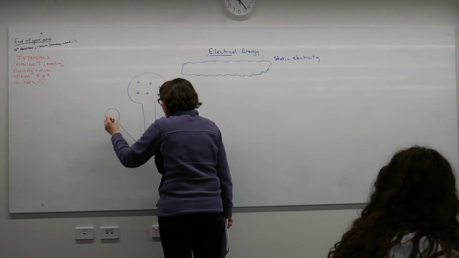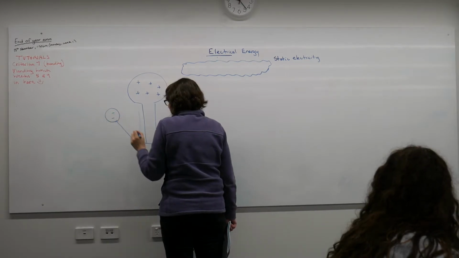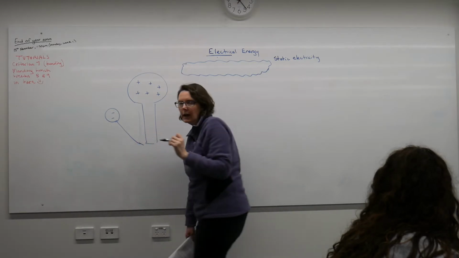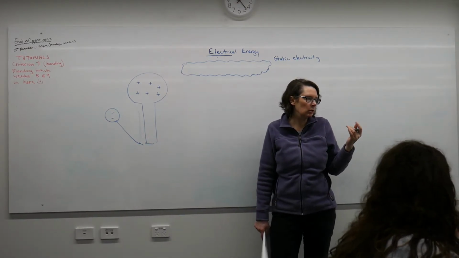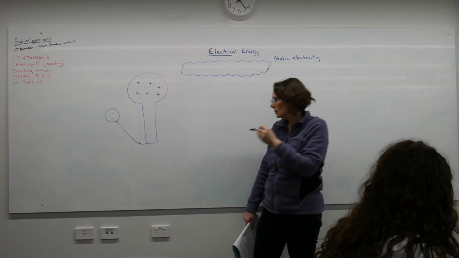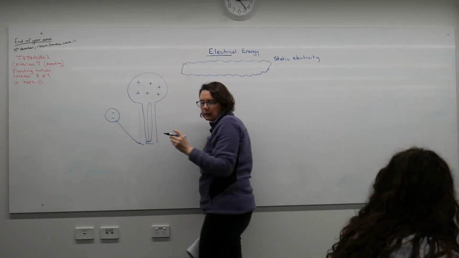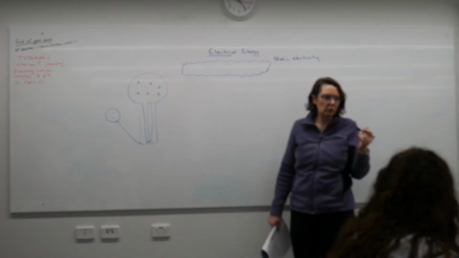We had the little bulb here, and it was getting a negative charge build-up. And the reason why we had this charge differential is because of the little brush on the belt, and it was scraping off electrons.